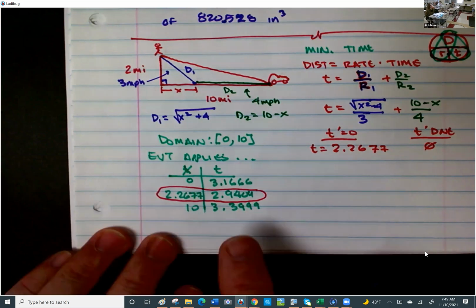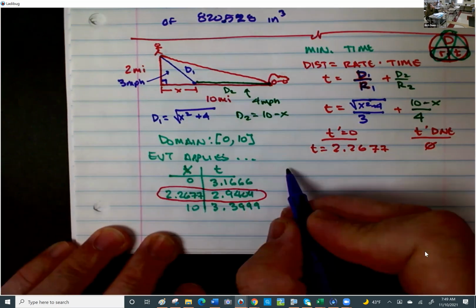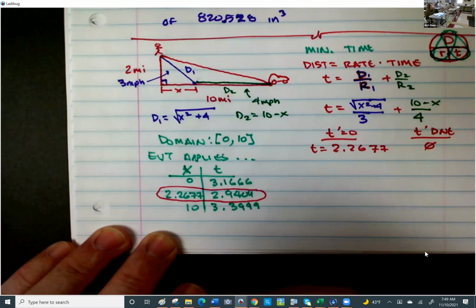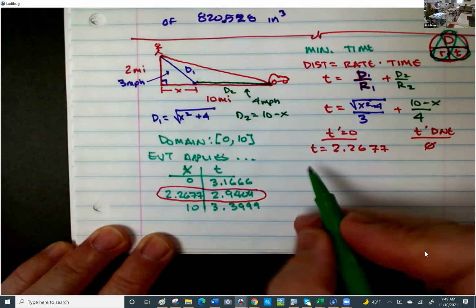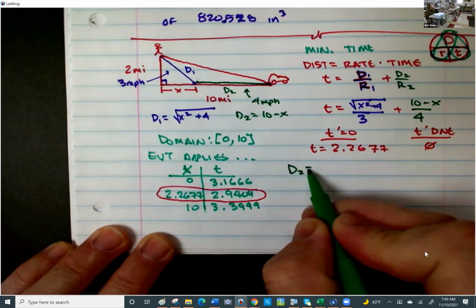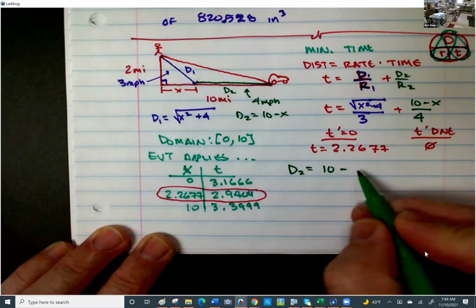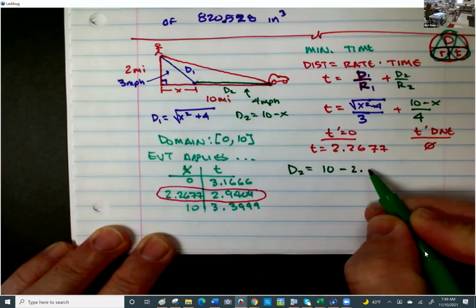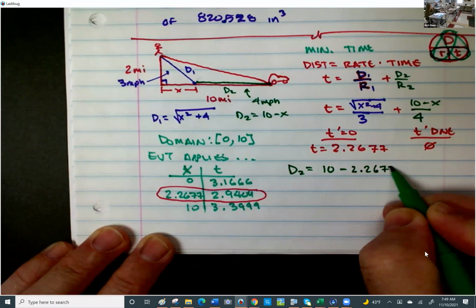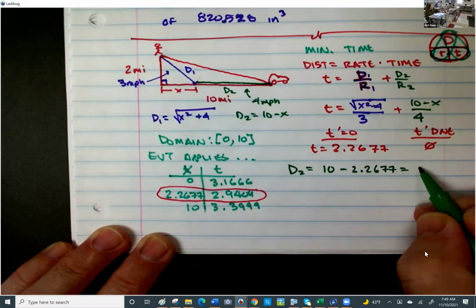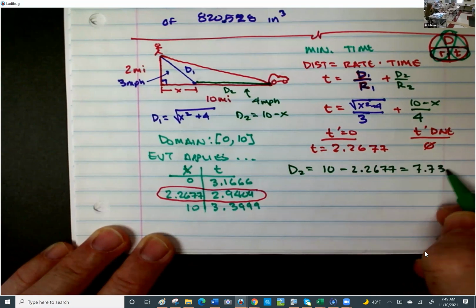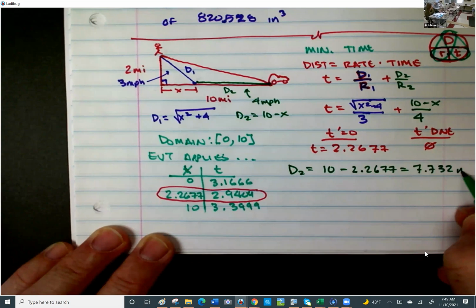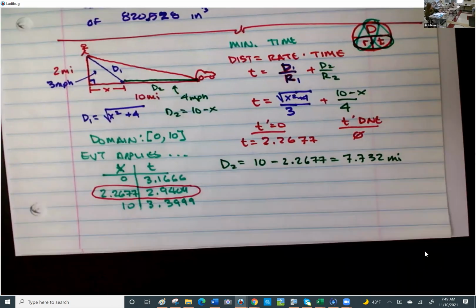I'm going to find D2 by taking 10 minus that x of 2.2677, and that resulted in 7.732 miles. When you see my answer, you'll know why I did that simple little calculation.